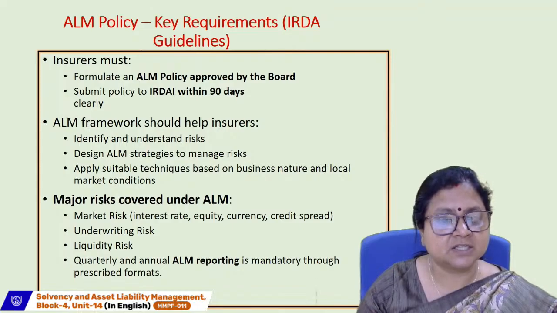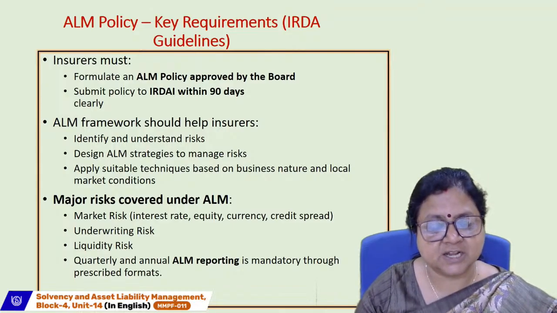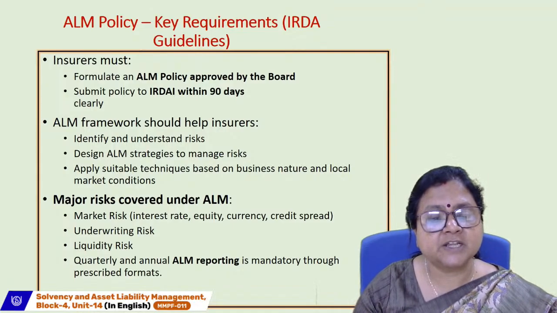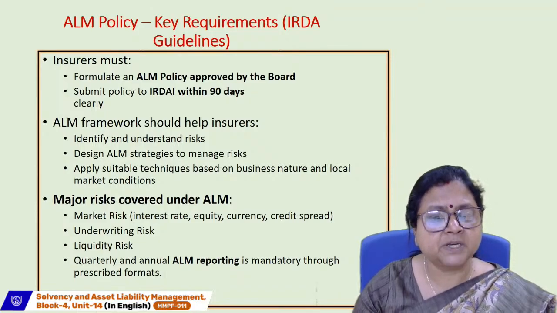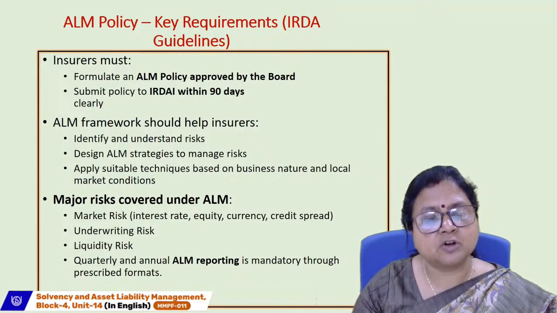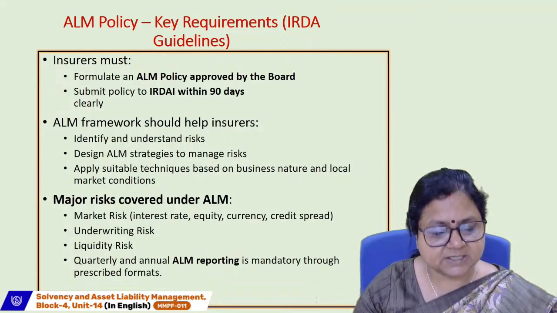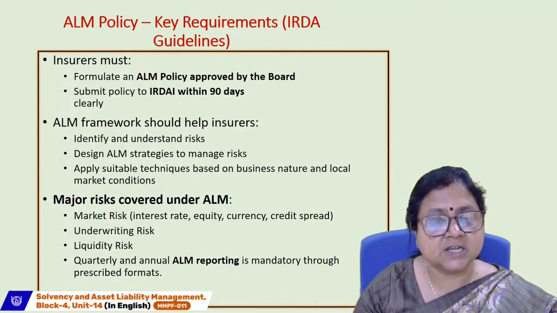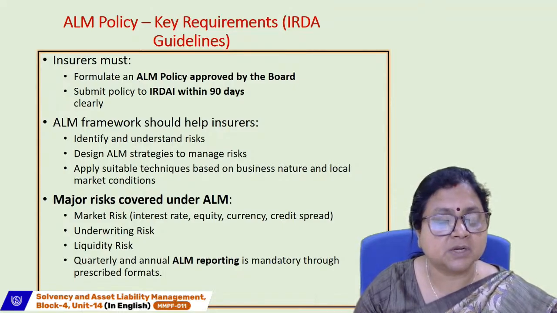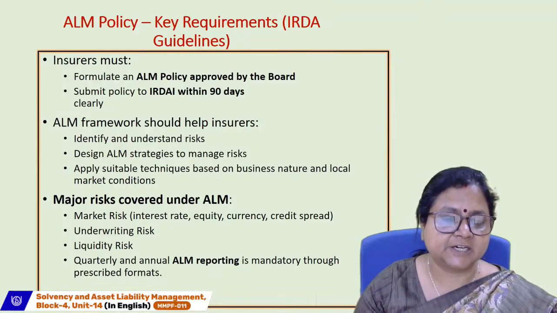So that is again a risk which is covered under asset liability management. Then there is liquidity risk: the company should have liquid assets which they can easily convert, readily convertible into cash, so they will be in a position to pay off their debts.